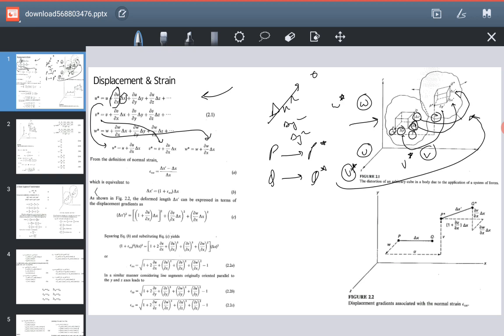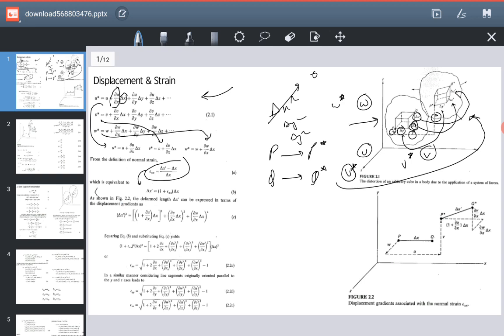Okay. So from the definition of normal strain, we know that it is delta x bar minus delta x upon delta x. So we change this into this, and there is nothing to explain here. And now we are going to make an equation for x bar.